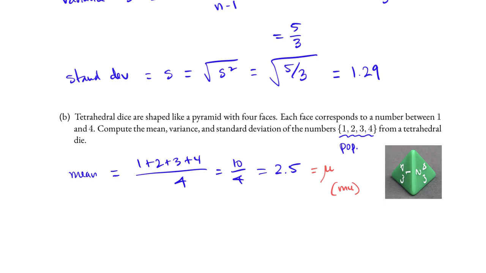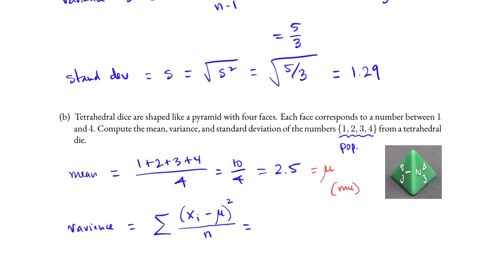from the sample mean. The variance for the population is computed very similarly to the variance of the sample. We add up all of the deviations squared. The deviation is each of the x values minus the mean, but this time the mean is the mean of the population, mu. We square this, but this time we divide it by n instead of n minus 1.